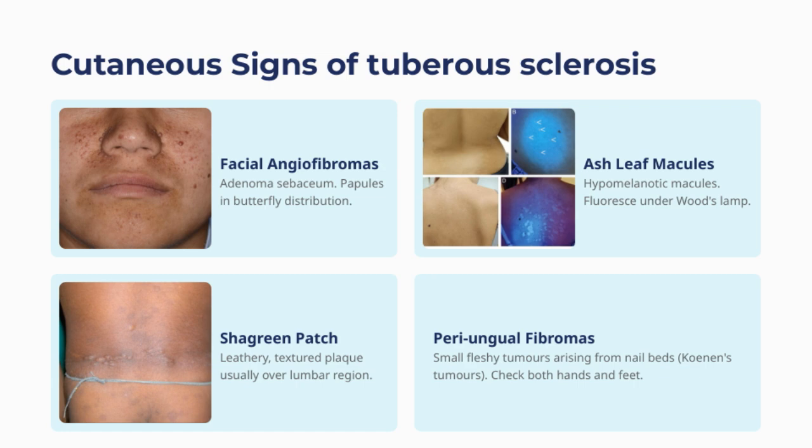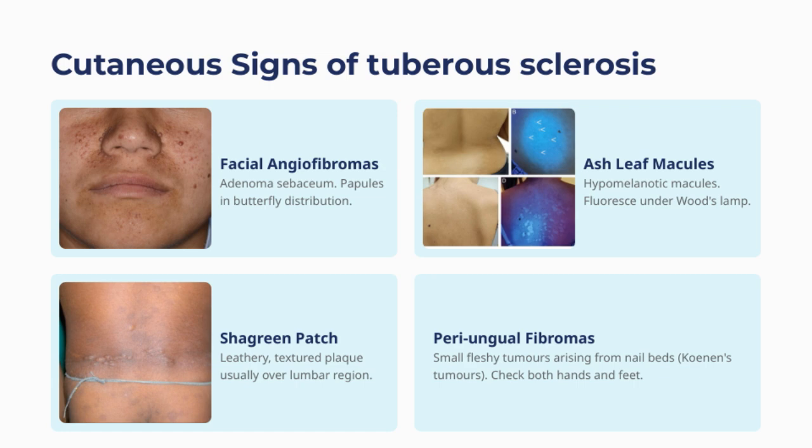Moving on, we see the ash leaf macules. These are hypomelanotic spots, meaning they are lighter patches of skin. Under Wood's lamp, these areas will fluoresce, making them easier to identify. Lastly, facial angiofibromas, also called adenoma sebaceum, typically present as small papules in a butterfly distribution across the face.